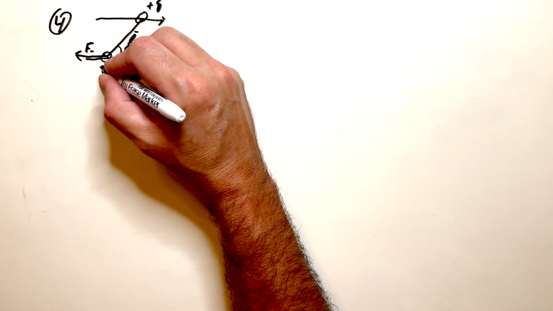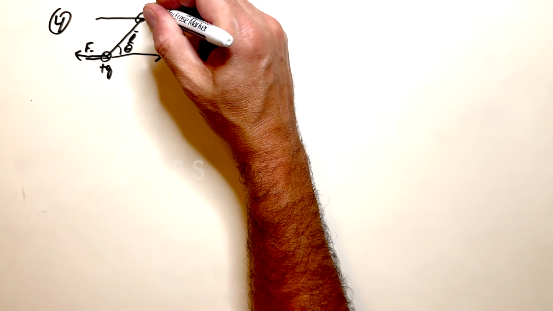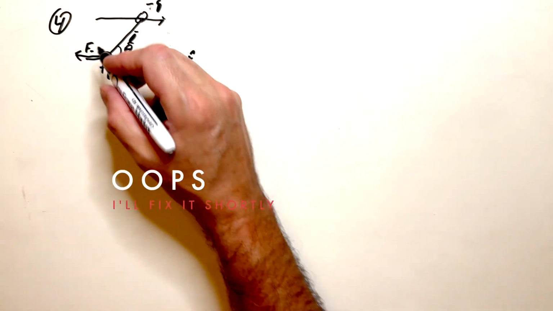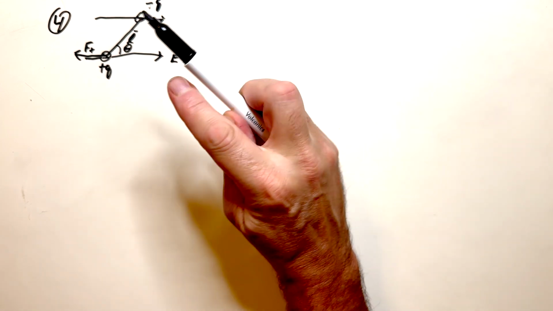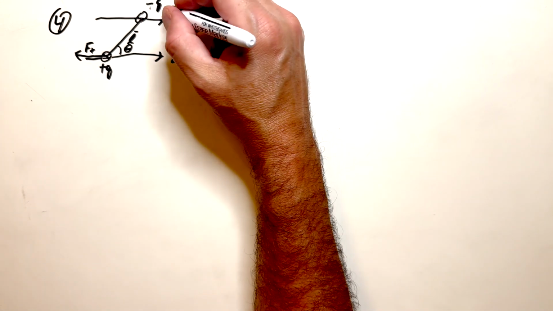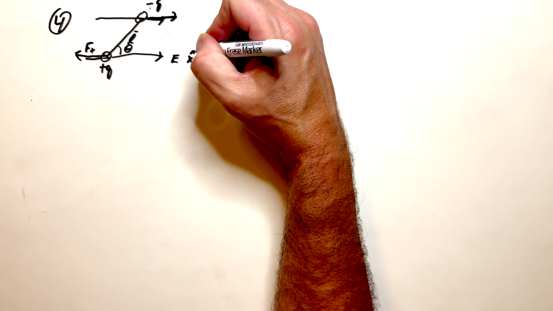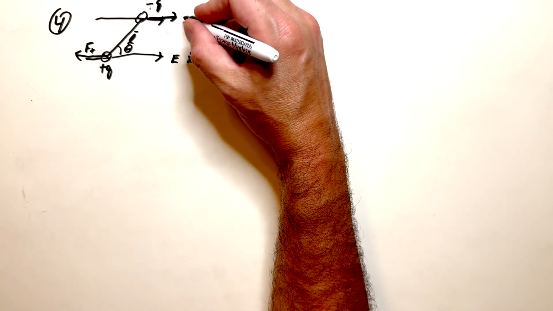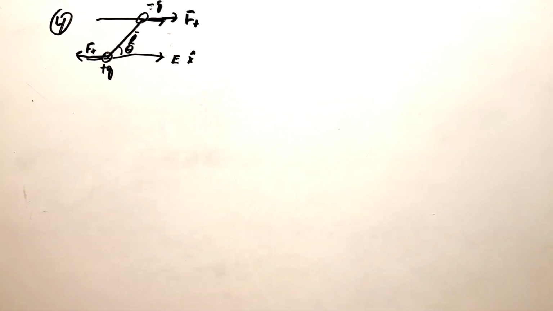Let's call this the positive charge and this the negative charge. I got the forces backwards. There's a force on the positive charge going to the left, in the minus x direction, and on the negative charge it's being attracted in the direction of the field line. So here we're going to have a force which is in the positive direction.